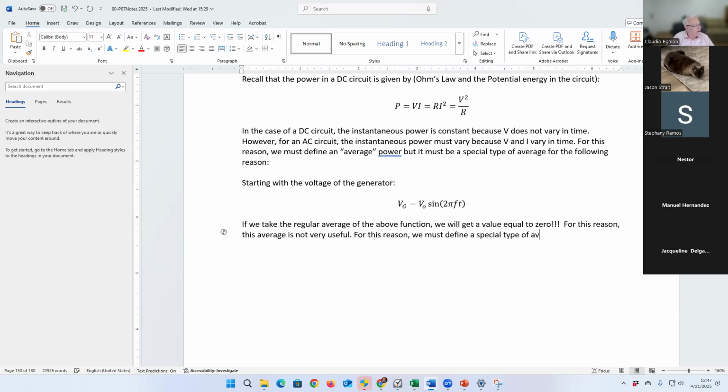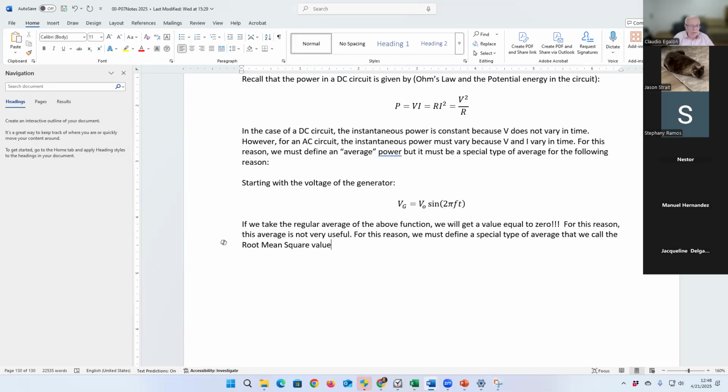For this reason, we must define a special type of average that we call the root mean square value.